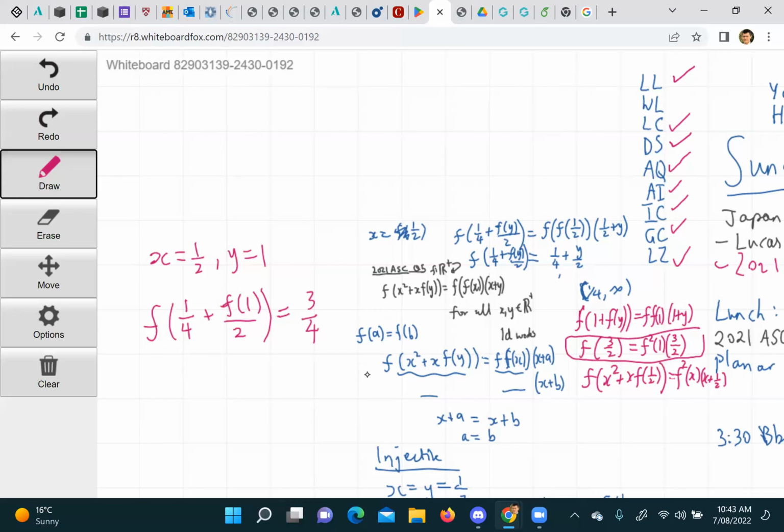So I'll try something. Leon, come on. We literally did the x equals half case. Maybe I tried, but this is the more important case.